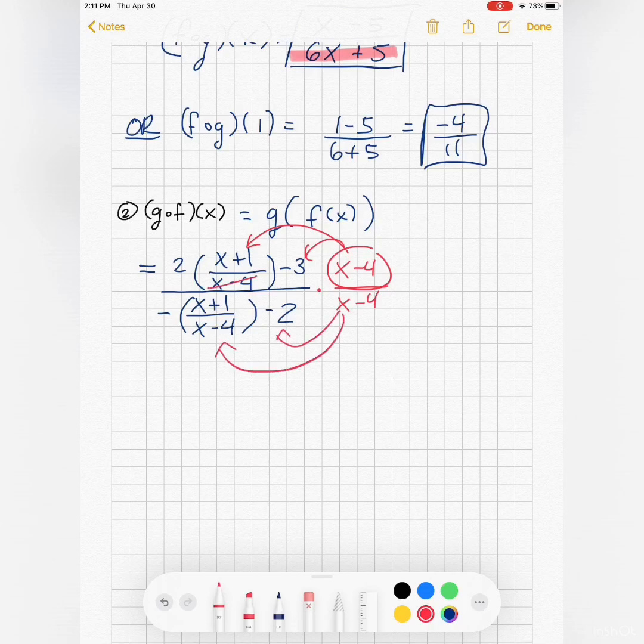Here I cancel that x minus 4 in the denominator, so I'm left with a 2 by an x plus 1. Then the 3 has nothing to cancel. It stays attached to the x minus 4. On the bottom, cancel the x minus 4, so I have a negative x plus 1. But the 2 has nothing to cancel.